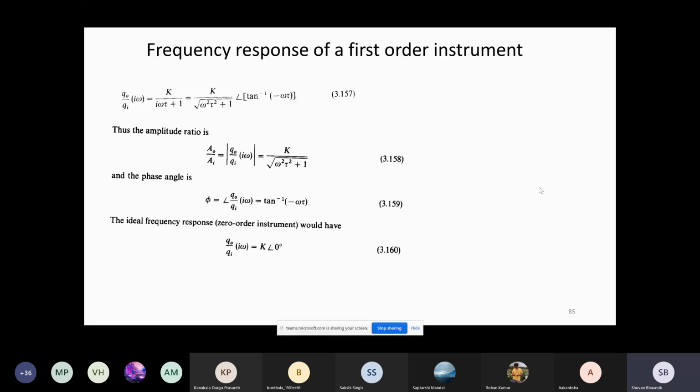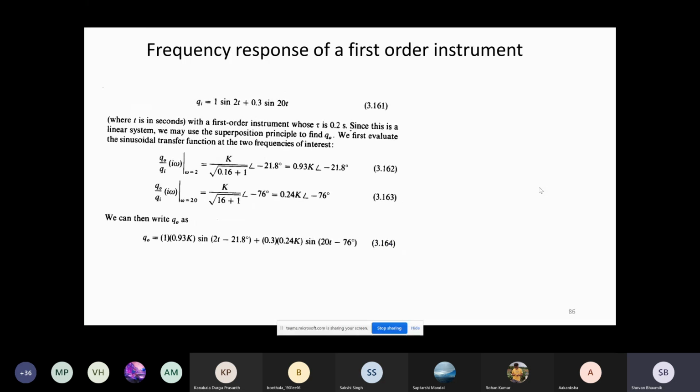The ideal frequency response is for a zero order instrument, where Q0 by Qi equals the gain, but ours is first order, so no need to look at that. Now let's do one numerical. Suppose we give two sinusoidal inputs. The first has amplitude 1: 1 sine 2t, where omega is 2.